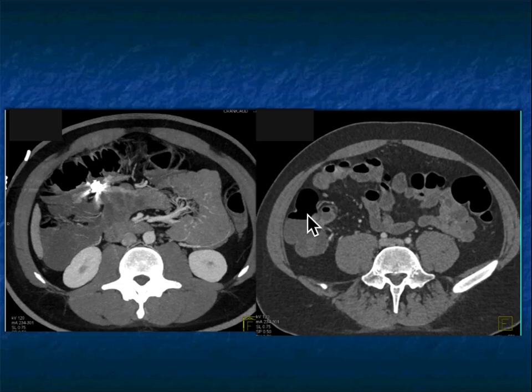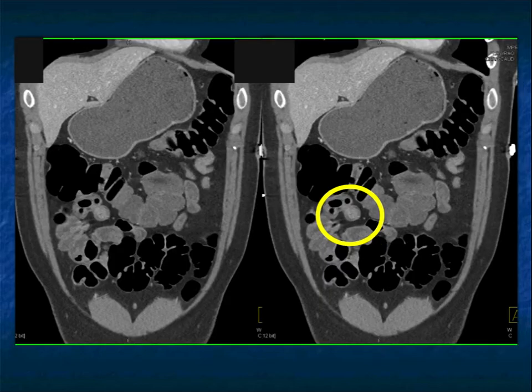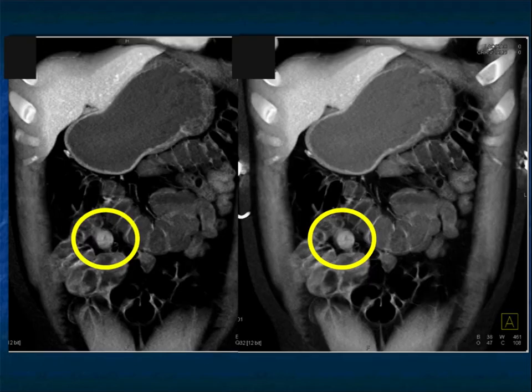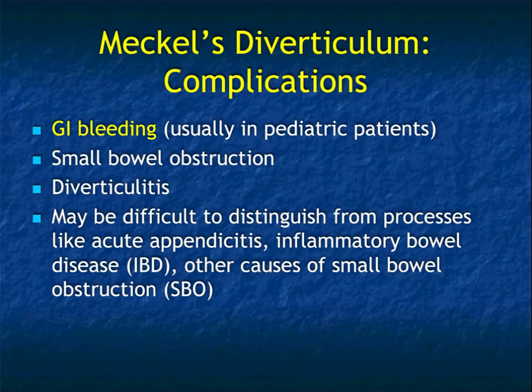And what the camera did not find was a source of bleeding, which was this distal Meckel's diverticulum, this outpouching off the patient's terminal ileum with high density centrally. Remember that Meckel's can bleed because they have ectopic gastric mucosa. Just a beautiful example. Again, it can simulate thickened bowel, it can simulate appendicitis perhaps in the right clinical setting, but just a beautiful example of GI bleeding, and there's the Meckel's scan confirming the finding.